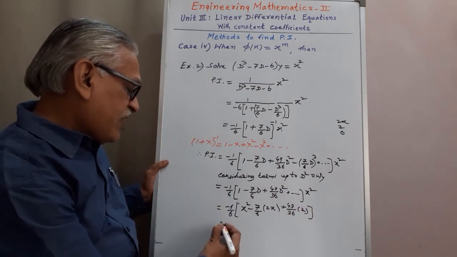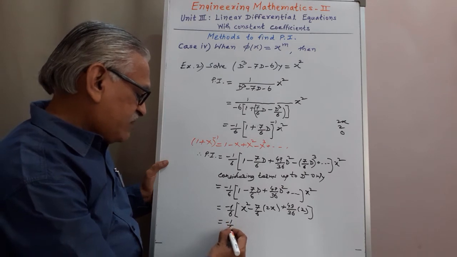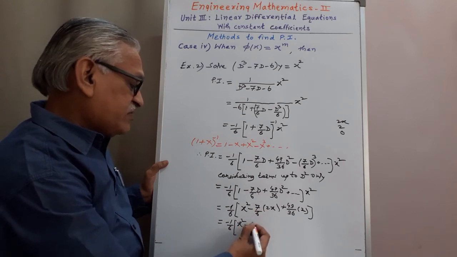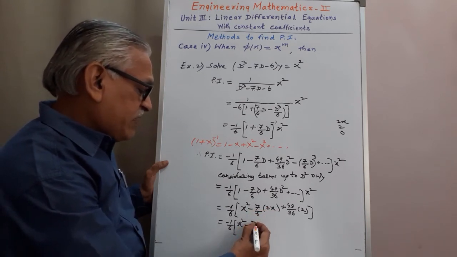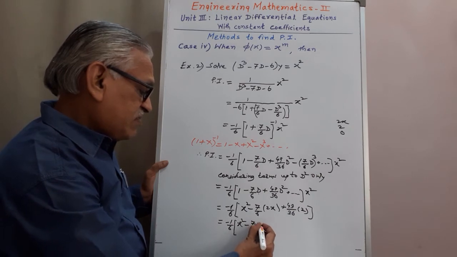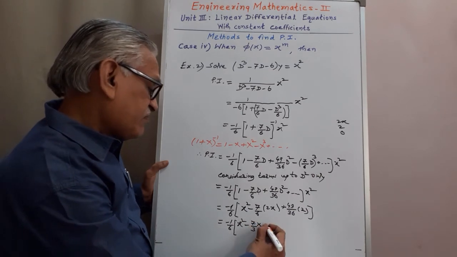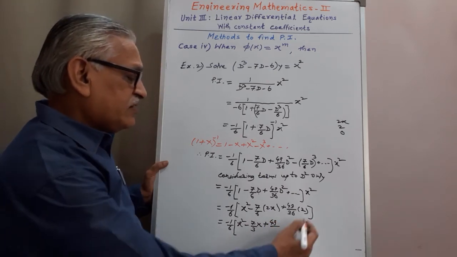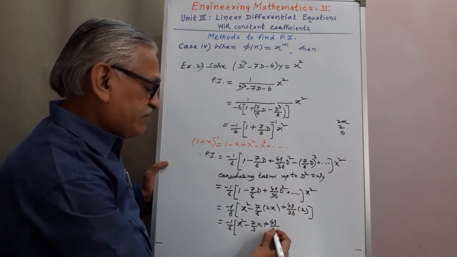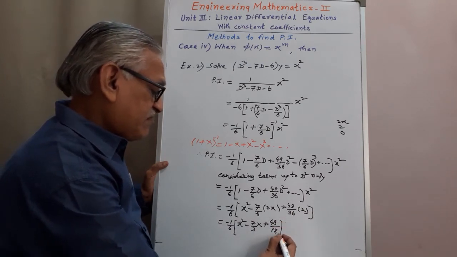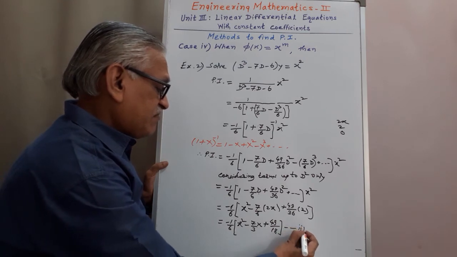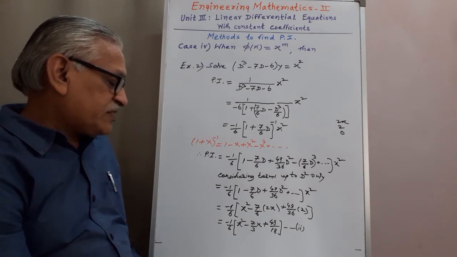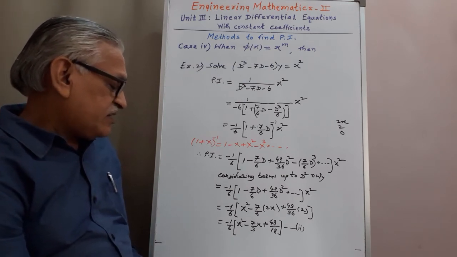And therefore, if you simplify it, we get that P.I. as minus 1 by 6 times x square minus, if you divide by 2, we get 7 by 3 times x plus 49 divided by 2 we get 18. This is the P.I., x square minus 7 by 3 times x plus 49 by 18 into minus 1 by 6.